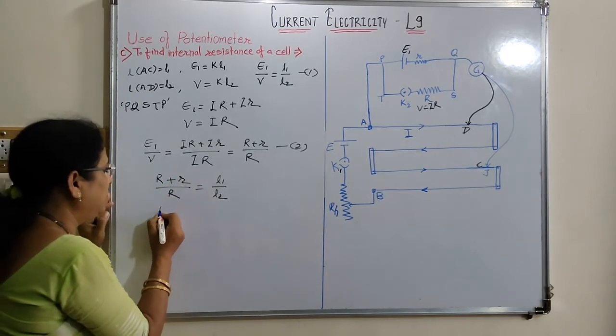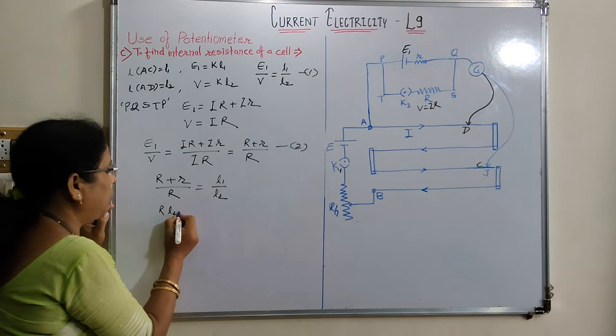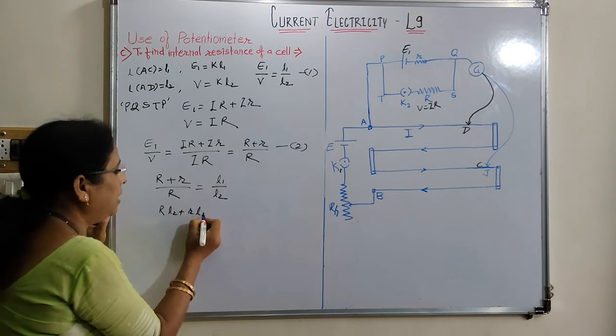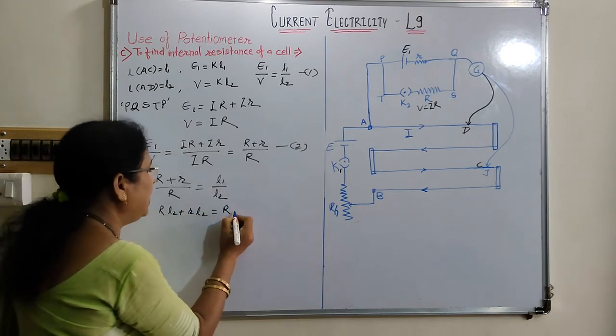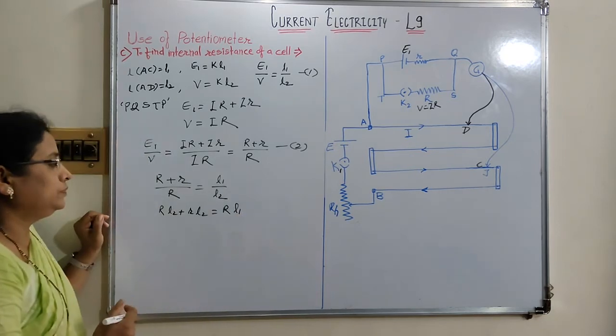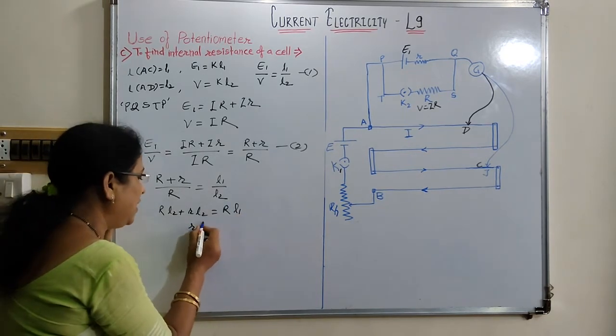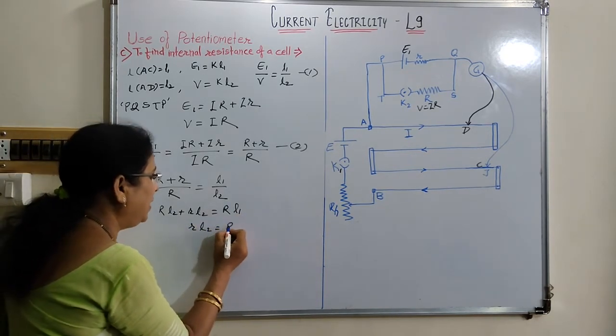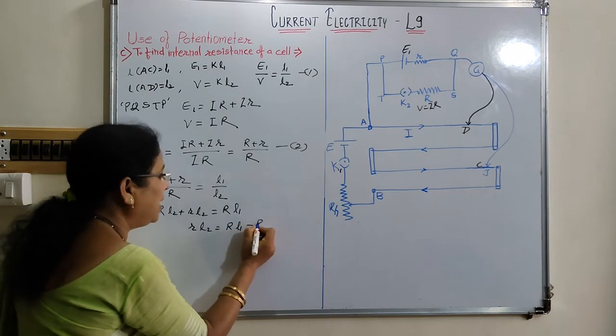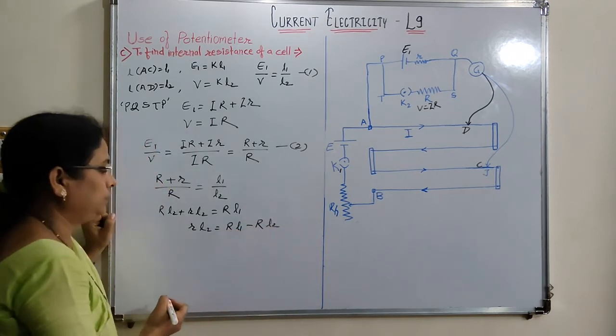Multiply it here: R into L2 plus small r into L2 is equal to capital R into L1. We can write small r into L2 is equal to R into L1 minus R into L2.